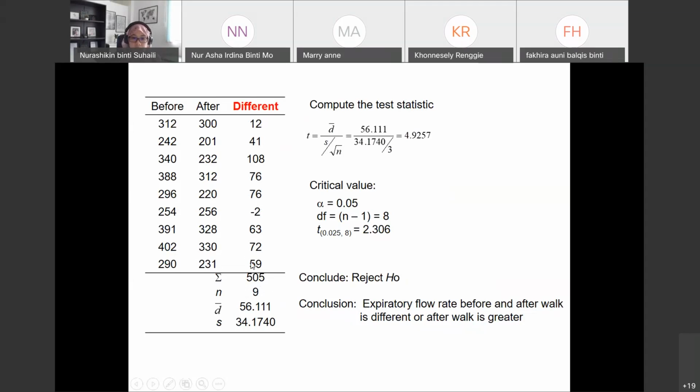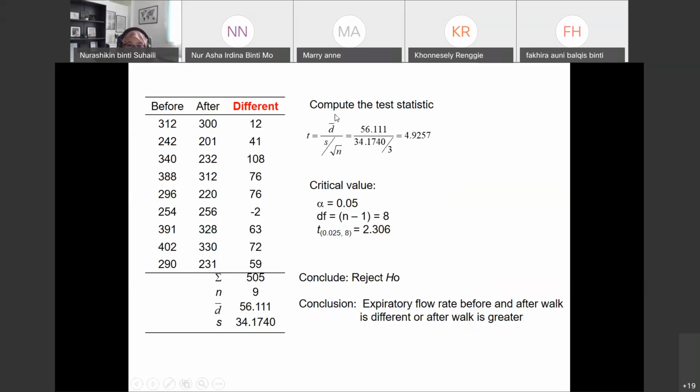That is the summation of D. And then N is 9, the sample size. So the D bar, the average of the difference, is 505 divided by 9, which gives 56.11. Is it clear? Okay, so that answers how to find the D bar value.